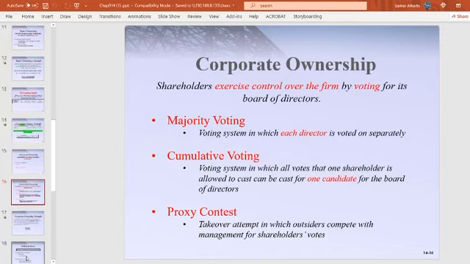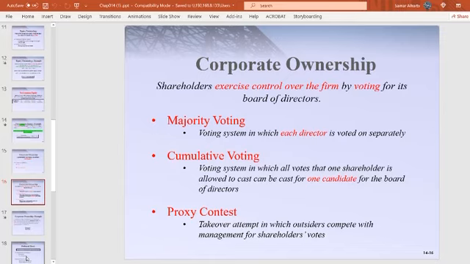What is cumulative voting? It is a voting in which all the votes that one shareholder is allowed to cast can be cast for one candidate. So let's say every shareholder has 100 shares. It depends how each one of them will use his votes. It's not that he has to vote for each director.